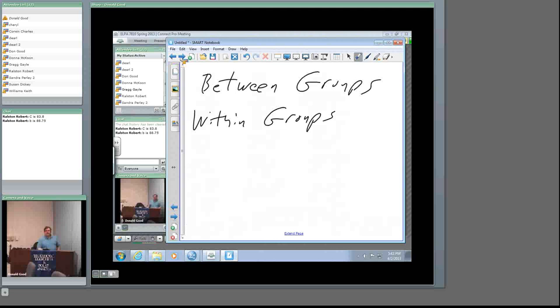Likewise, there are 2 different kinds of degrees of freedom. There are degrees of freedom between groups, and there are degrees of freedom within groups. Let's go back and we'll point out what those are.